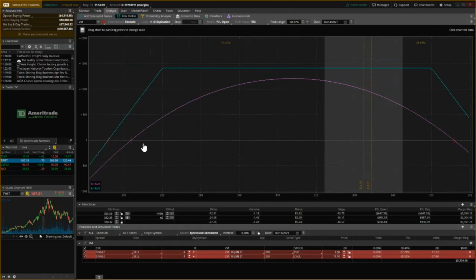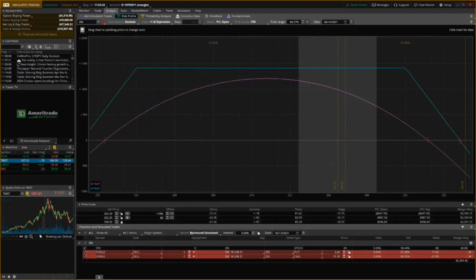That means that we're going to get extra premium for each side. Well, if it goes down, we've got all the premium from the calls, and if it goes up, we've got all the premium from the puts that we sold. And this is how it goes.